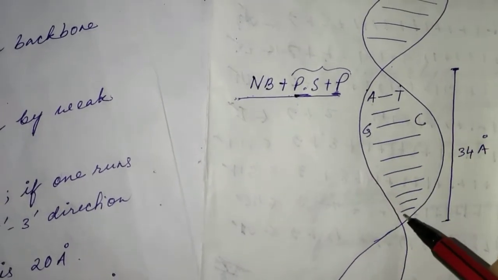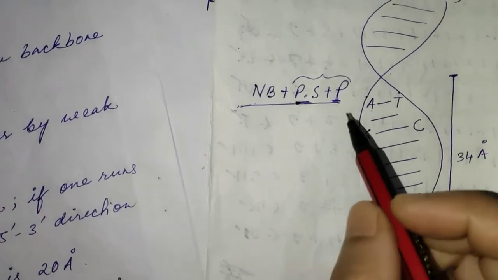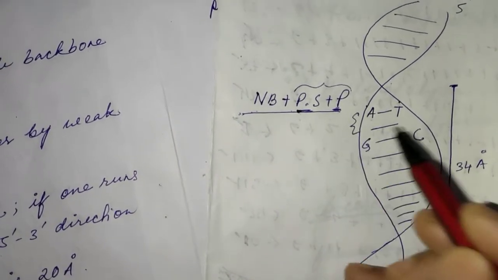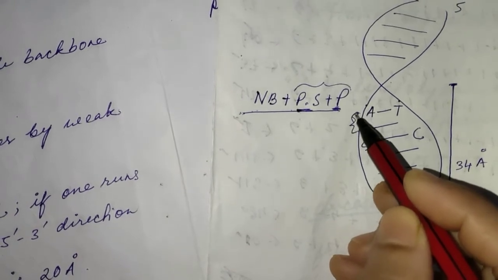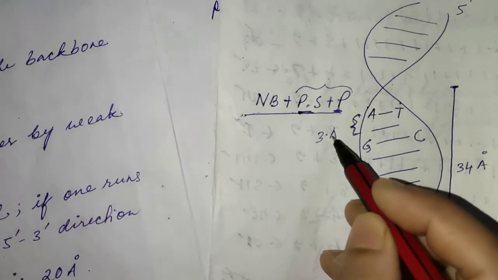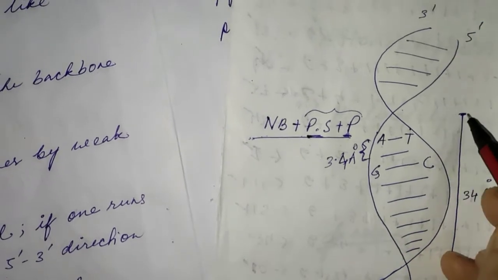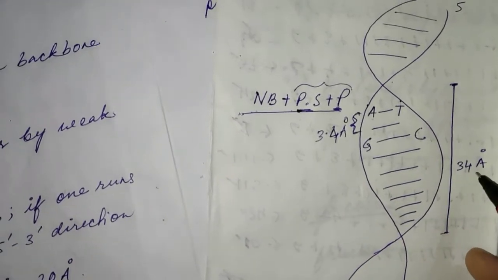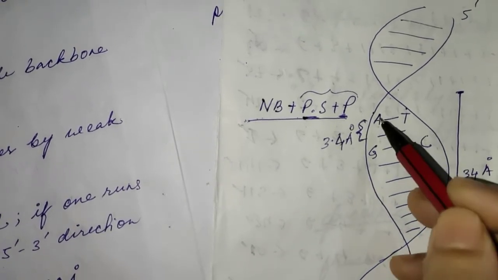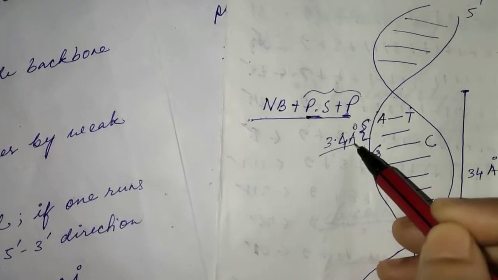And the distance between two base pairs is 3.4 angstrom. So one complete turn is 34 angstrom, a complete turn has 10 base pairs, and the distance between two base pairs is 3.4 angstrom.